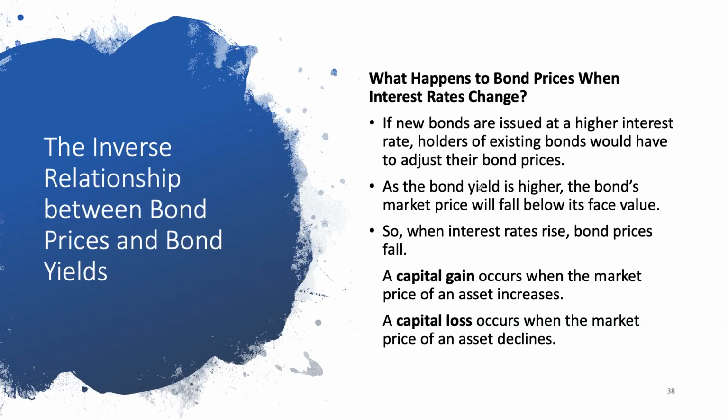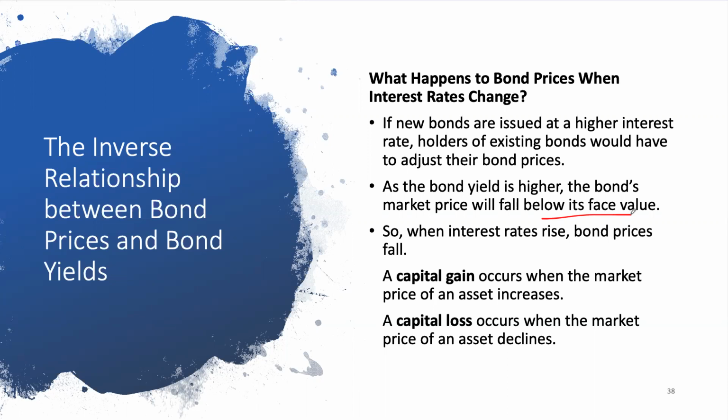Now the old bonds that you bought are not as valuable. Which means that as the bond yield is higher, the bond's market price will fall below its face value.